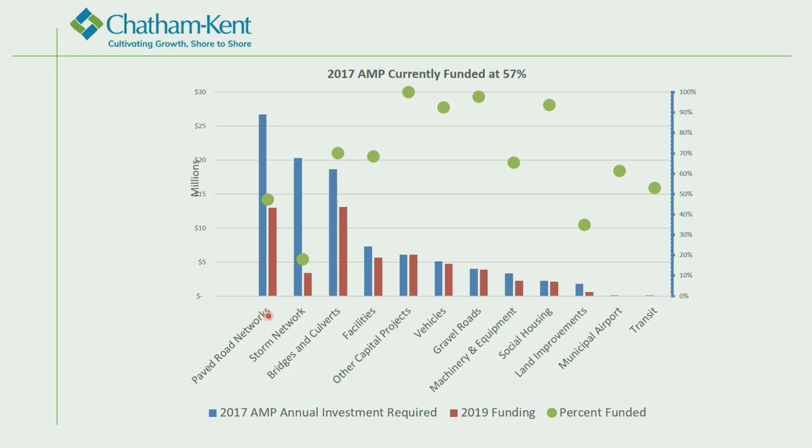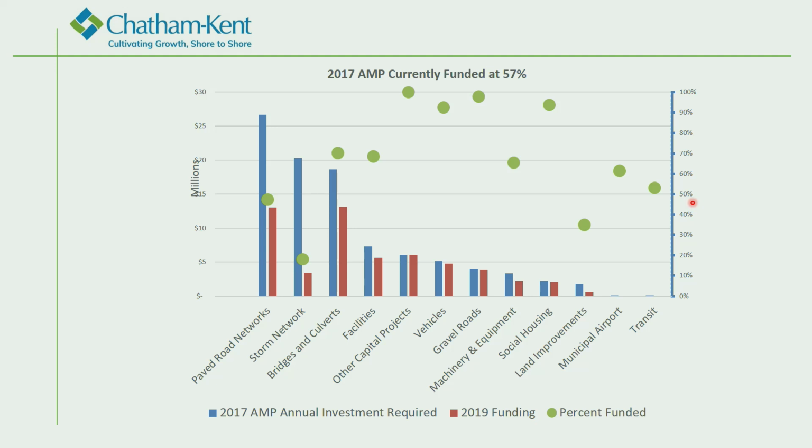So for example, if I just look at paved roads, we need about $27 million a year in funding. We're currently around $13 million of funding. So we're just below 50%. And so on the right axis is percent funded, and that green dot there is just right around 50% for our paved roads. I think it might be 47 or 48.